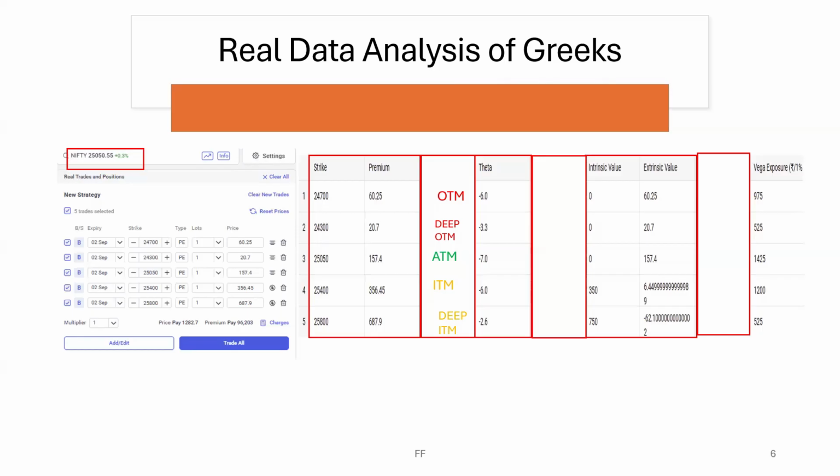Now, as the market becomes in the money, the extrinsic value is lesser. That is because the intrinsic value is already captured in the premium. And the further away the market is, which is deep in the money, in theory, the extrinsic value should have been lesser.